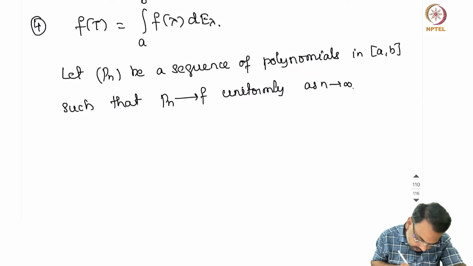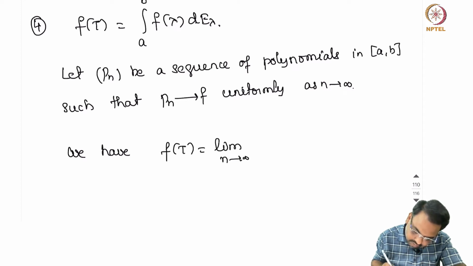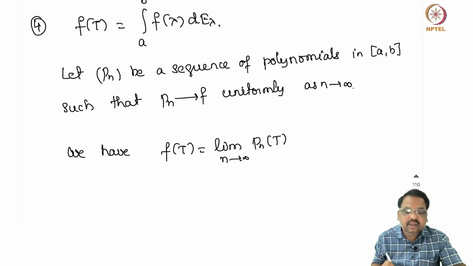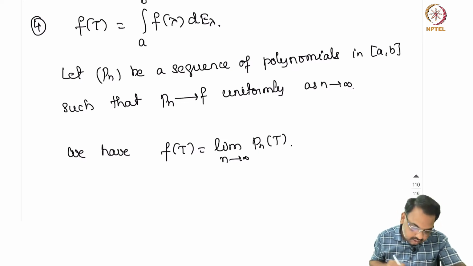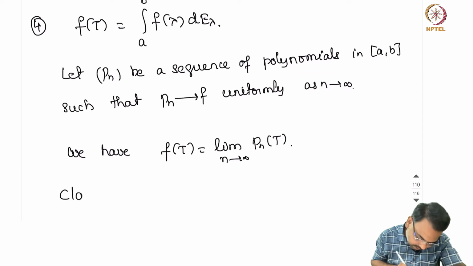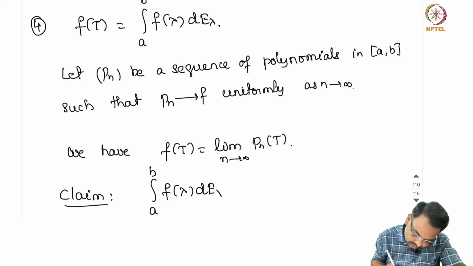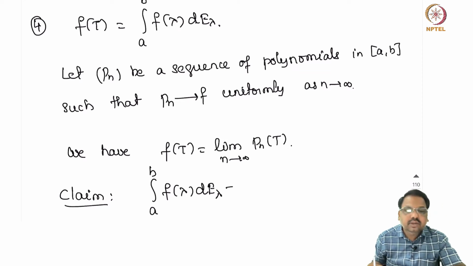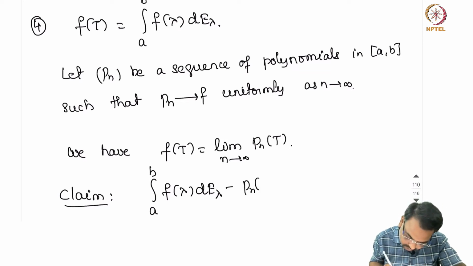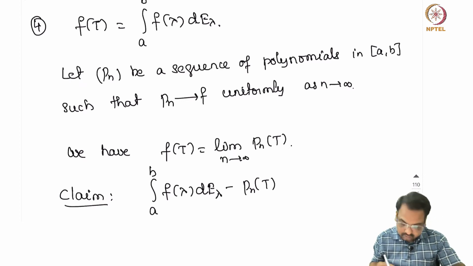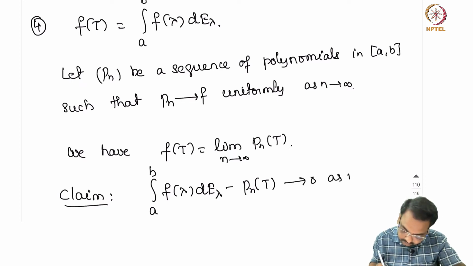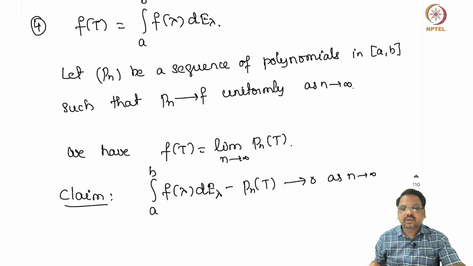Now we know that f of t is nothing but the limit as n tends to infinity of Pnt, and this convergence is in the operator norm. So we can claim that the integral a to b of f lambda d e lambda minus Pnt converges to 0, because Pnt converges to f of t.